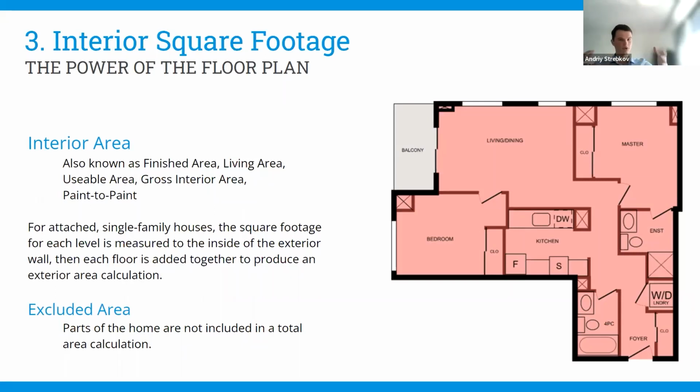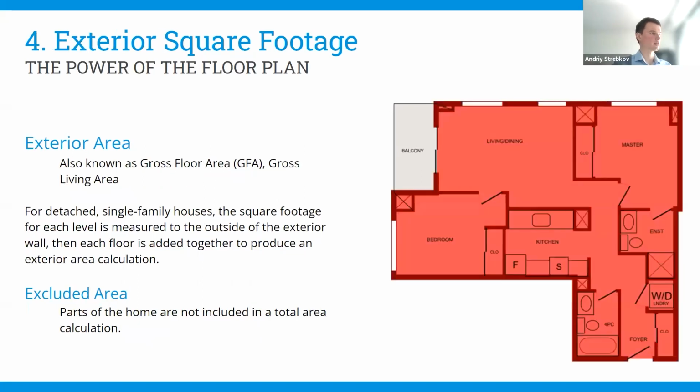So you measure the interior perimeter, not including the exterior walls. As simple as that. And when it comes to detached properties, it's very easy to measure the total square footage. To measure the wall thickness, you just measure the walls at the window casings or door casings, and then you apply all these and do the calculations.